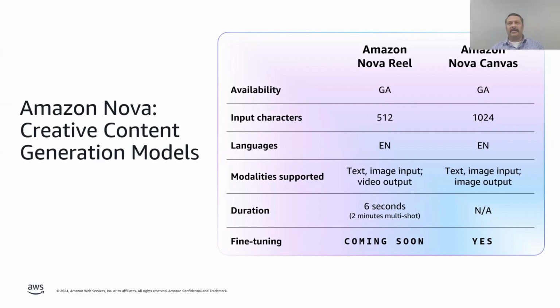You could generate up to 6-second single-shot videos, and you could also generate up to 2 minutes of multi-shot videos. In terms of fine tuning, Nova Canvas now supports fine tuning. Nova Reel's is going to be available soon.